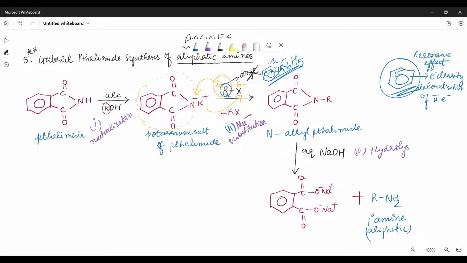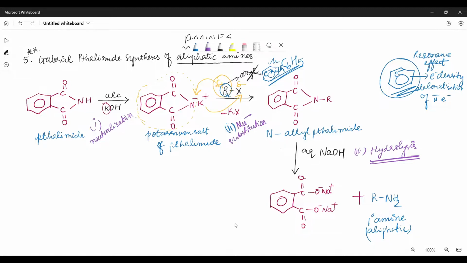You are doing hydrolysis here. So this is the overall view of Gabriel Phthalimide synthesis. All three sub-reactions are very important, and this is how primary amines and aliphatic amines are prepared through Gabriel Phthalimide synthesis. So this is the fifth reaction we are seeing.